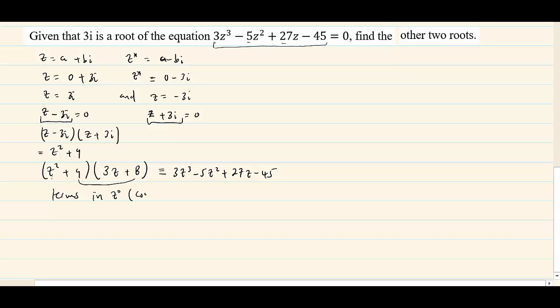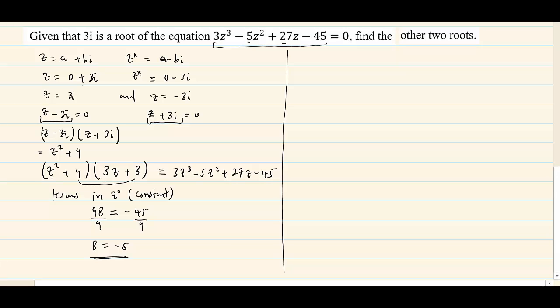If I multiply 9 by b, then on the left hand side it will be 9b, which is equal to the constant term on the right hand side, minus 45. So I'm going to divide by 9 on both sides, and it tells me that b is equal to negative 5.